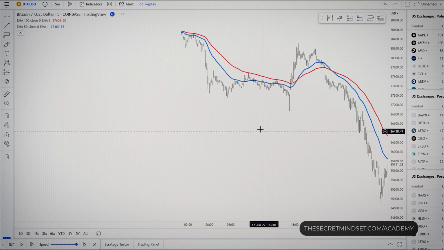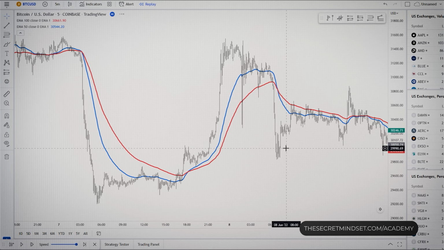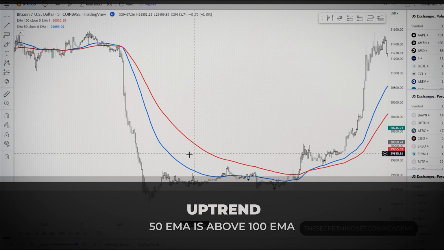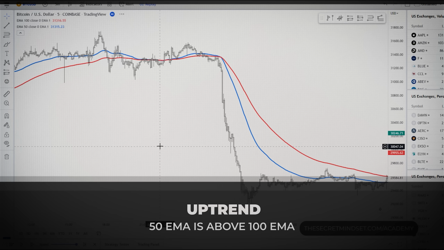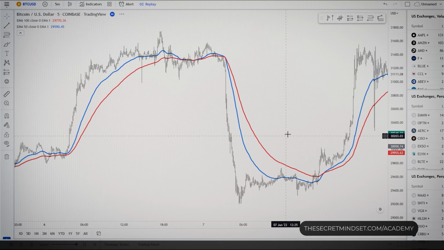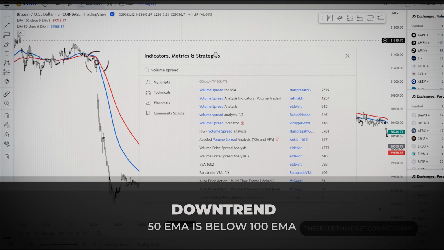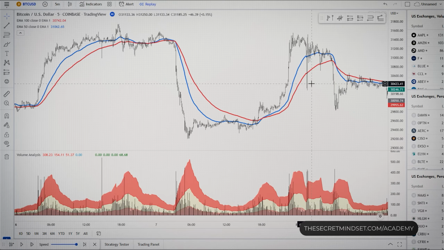These are very common and followed by many other traders. If the 50 EMA is above the 100 EMA, then the market is in an uptrend. If the 50 EMA is below the 100 EMA, then the market is in a downtrend.